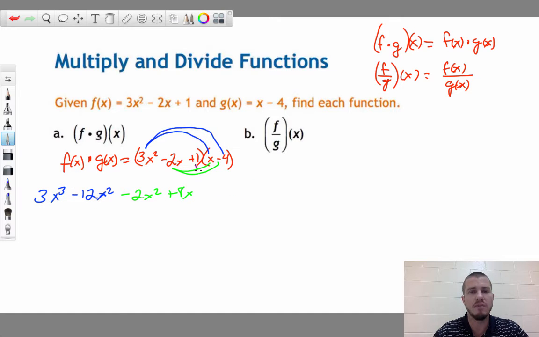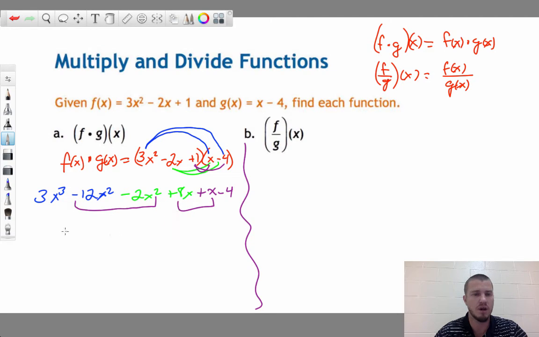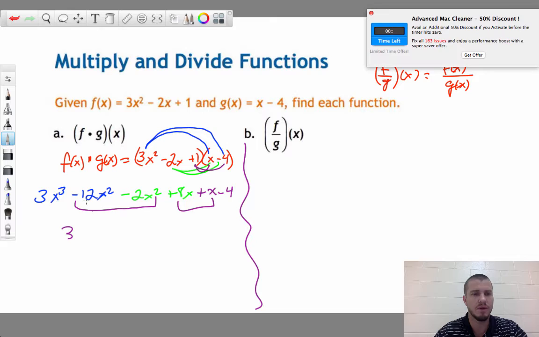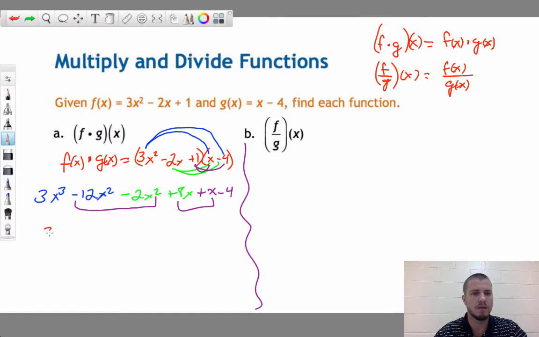And now I'm distributing the 1, and that becomes positive x minus 4. And now I combine my like terms. These two are alike. These two are alike. So I get 3x cubed minus 14x squared plus 9x minus 4.